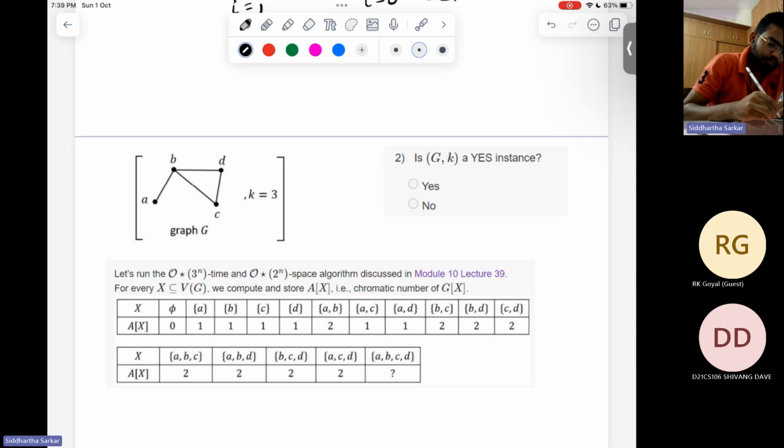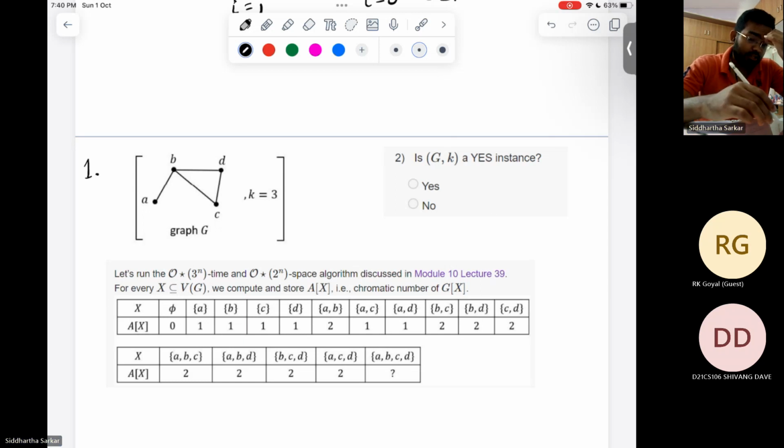So this is the first question of the assignment, I mean practice questions. So you have been given a graph and a parameter, and you are interested in the coloring question. So you want to color the vertices of this graph using at most three colors, such that for every edge, the endpoints receive different colors.